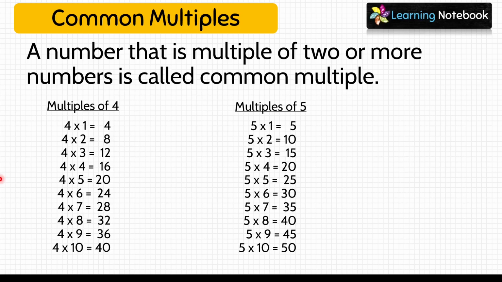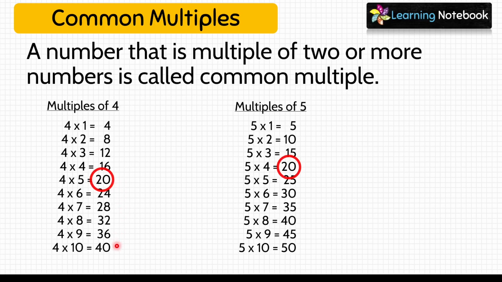Students, look at these multiples carefully. You will find that 20 is a multiple of both 4 as well as 5. Therefore, 20 is a common multiple of 4 and 5.